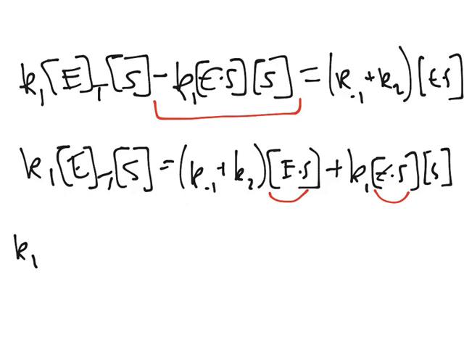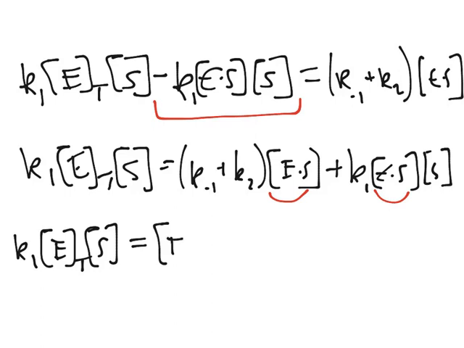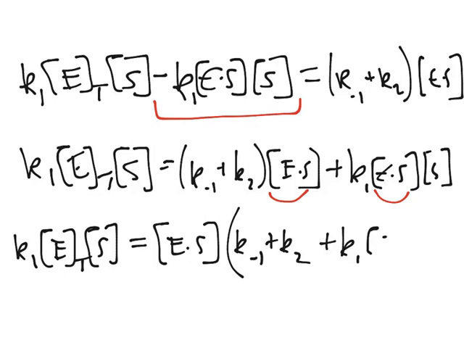So that gives me K1 times the total concentration of enzyme times the concentration of substrate, equal to the concentration of the enzyme substrate complex times K minus 1 plus K2 plus K1 times the concentration of substrate. So now I've almost got it isolated.